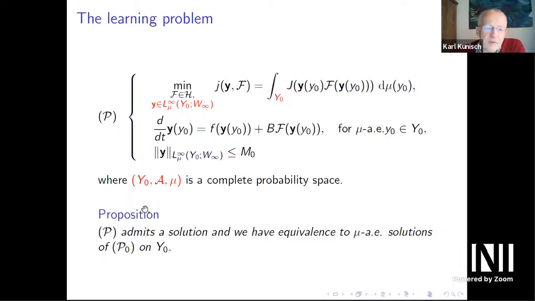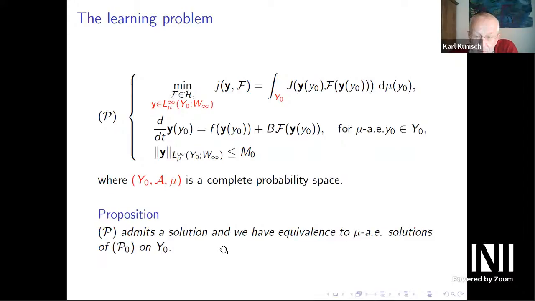One thing we can prove is that the problem admits a solution and that we have equivalence to these ensemble solutions to measure almost everywhere solutions of the original problem, for almost every initial condition in y0.